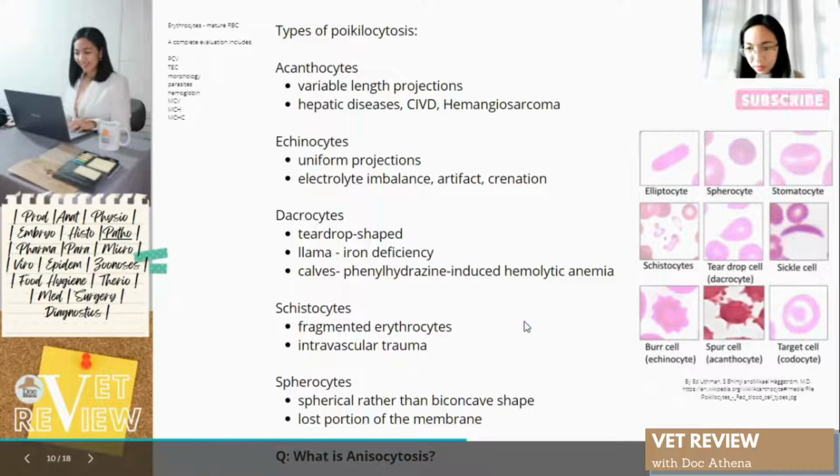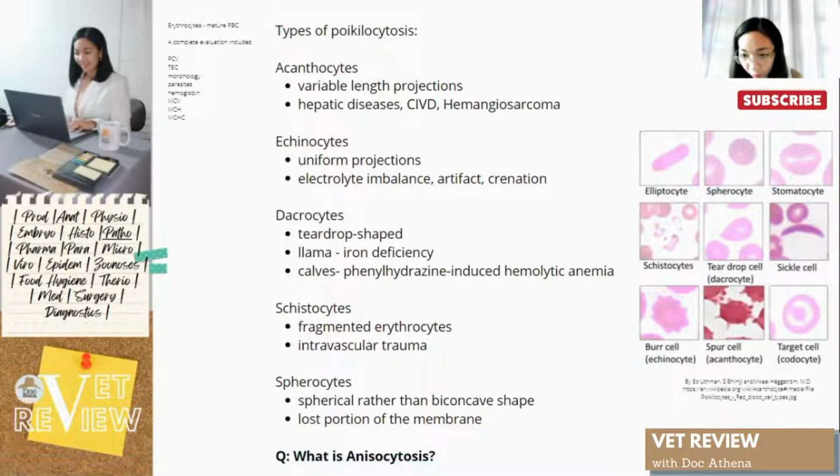This was from Usman, Nimji, and Hagestorm, MD, and it was taken from Wikipedia. So, acanthocytes have variable length projections. There are many projections in the RBC with different lengths, and usually this indicates hepatic diseases, DIC.